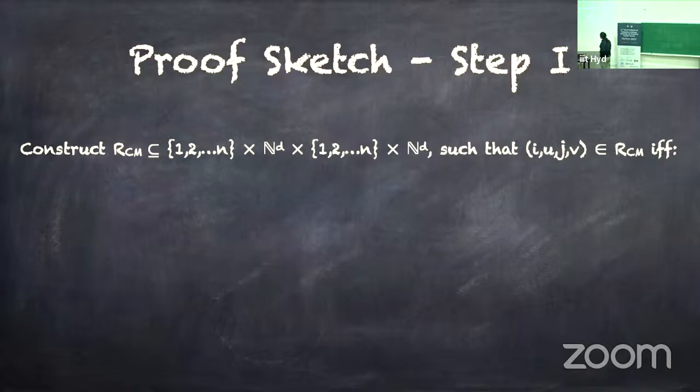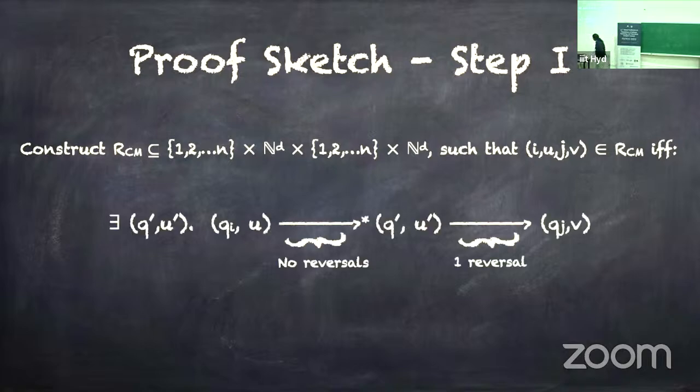Now, okay. So the first step is to construct R_CM, which is nothing but a relation such that (i, u, j, v) belongs to R_CM if and only if from (qi, u) to (qj, v), there is a path with exactly one reversal, and that reversal also happens exactly at the last point.